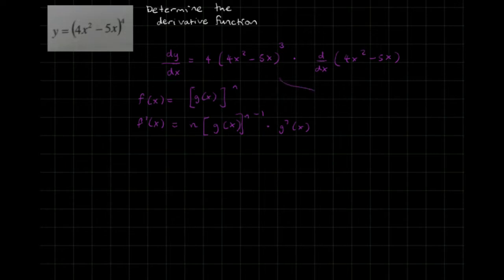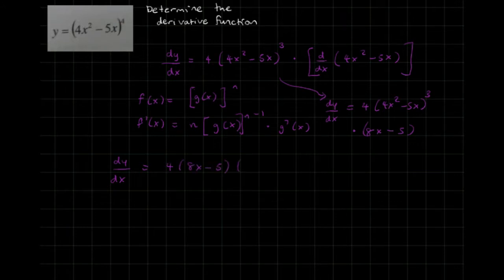So in this case, if I simplify this out, the derivative of y with respect to x is equal to 4 times (4x squared minus 5x) cubed times the derivative of this portion here, which is 8x minus 5. So if you wanted to simplify this, dy over dx here is equal to 4 times (8x minus 5) times (4x squared minus 5x) cubed.